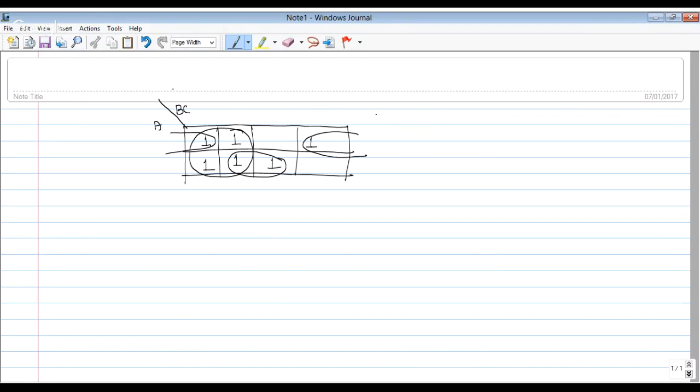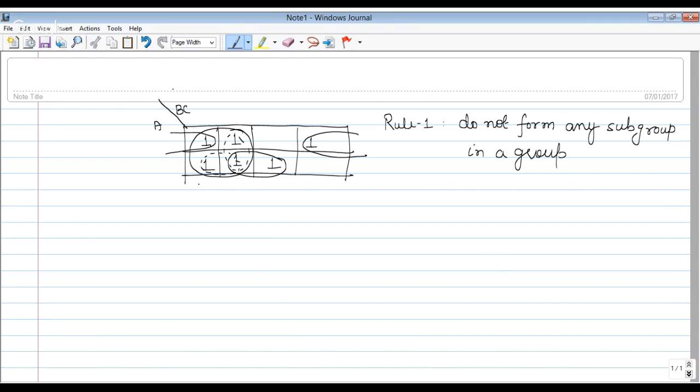So rule number 1: do not form subgroups of a bigger group. This you have to remember. If I am forming a square, I will not form any such pair inside it.